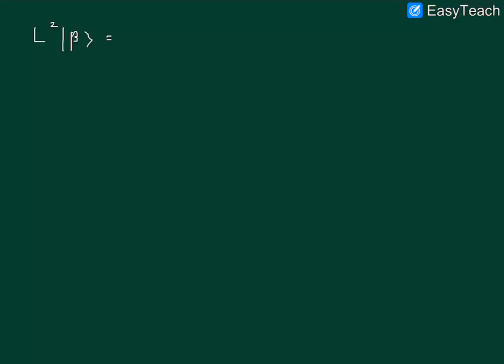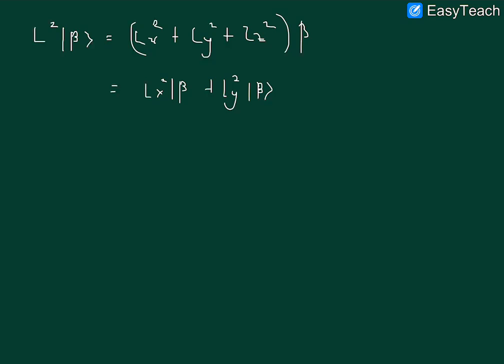Okay, so Lx square plus Ly square plus Lz square into beta equals Lx square beta plus Ly square beta plus Lz square beta.